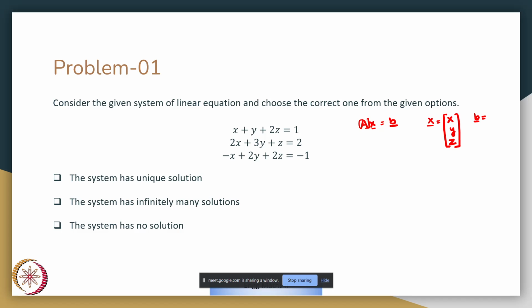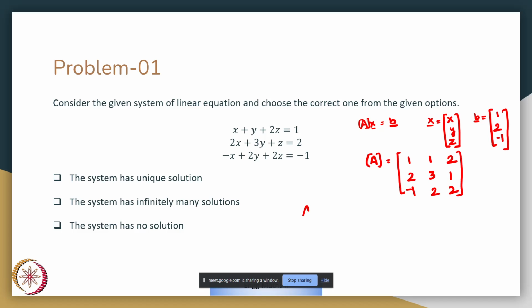Vector B gives us the coefficients on the right hand side of the equation, and matrix A is the coefficient matrix, which is 1, 1, 2, 2, 3, 1, minus 1, 2, 2.